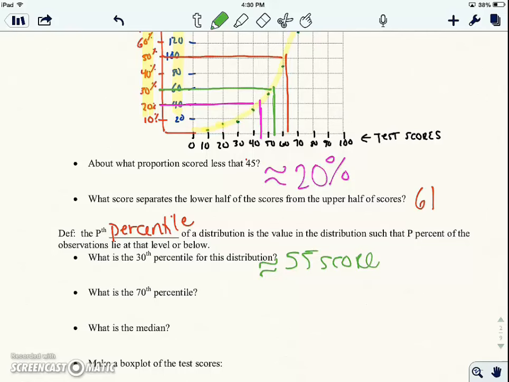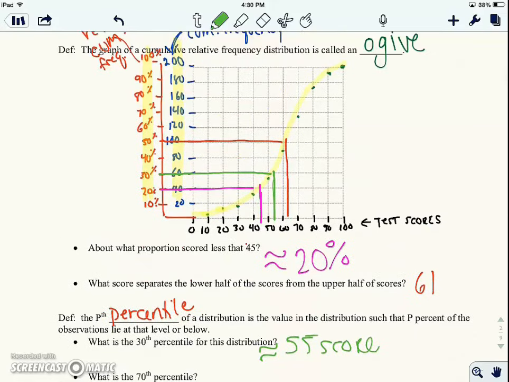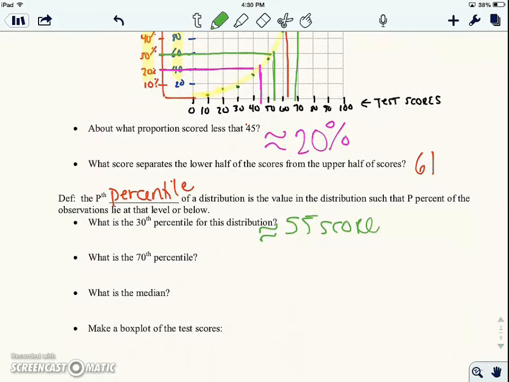Okay, 70th percentile, the same thing. Maybe 69, approximate score of 69. That means 70% of the people scored 69 or less. And I should definitely say this is 30% of the people scored 55 or less. They could have scored 55.